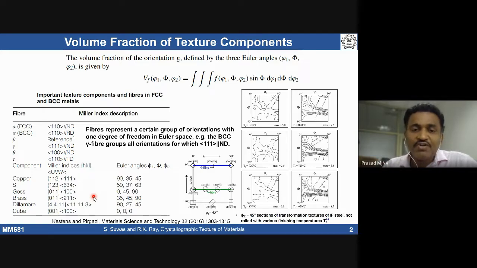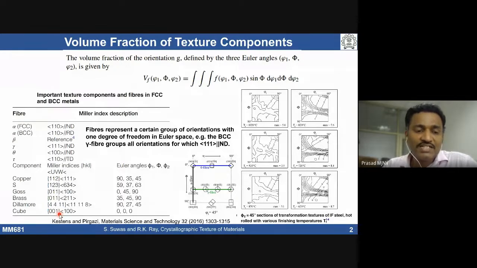Usually during deformation we talk about temperature, strain rate, and strain, and the initial microstructure and initial texture also can dictate what type of texture is going to evolve during deformation, recrystallization, or annealing treatments. Cube texture is quite commonly observed during recrystallization after deformation.